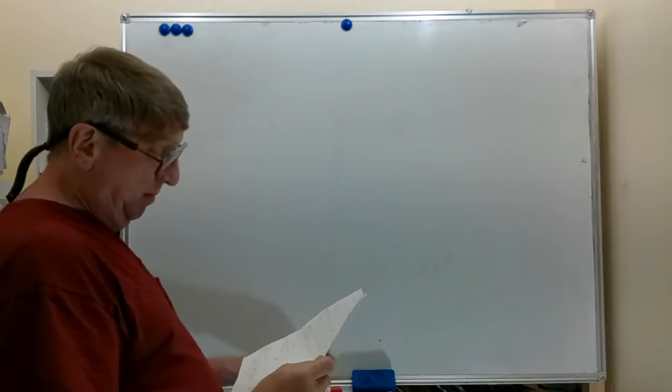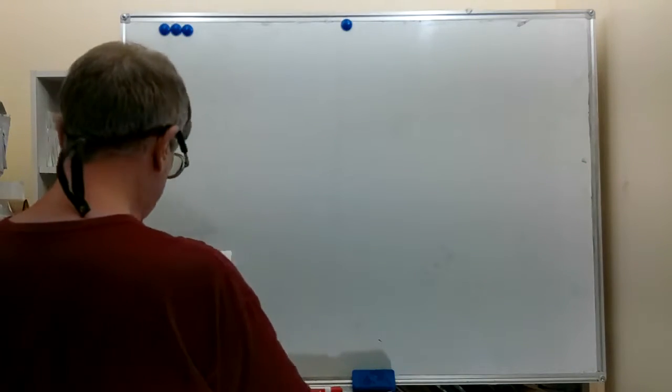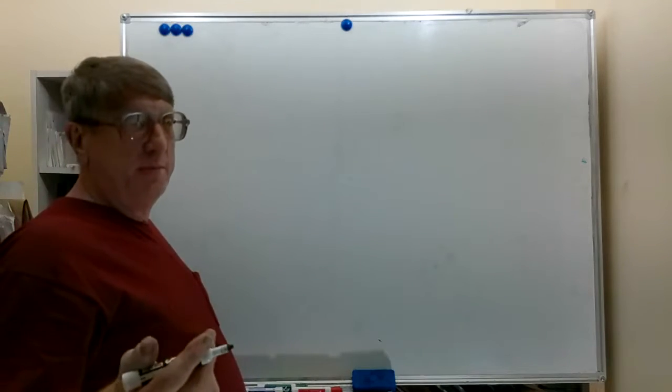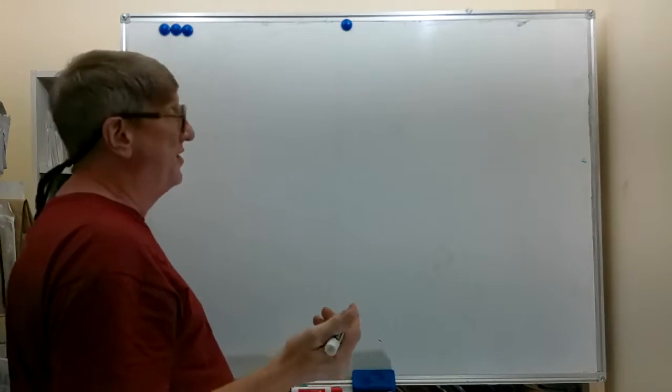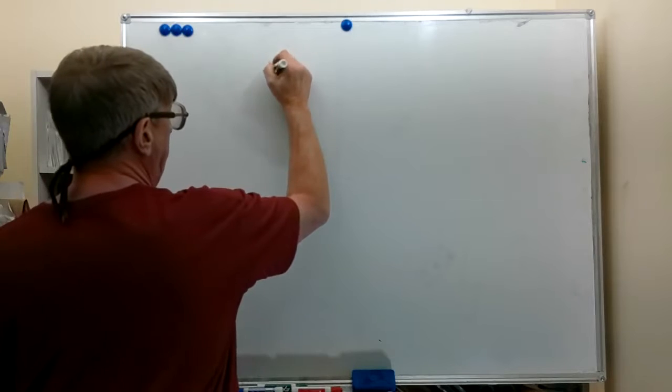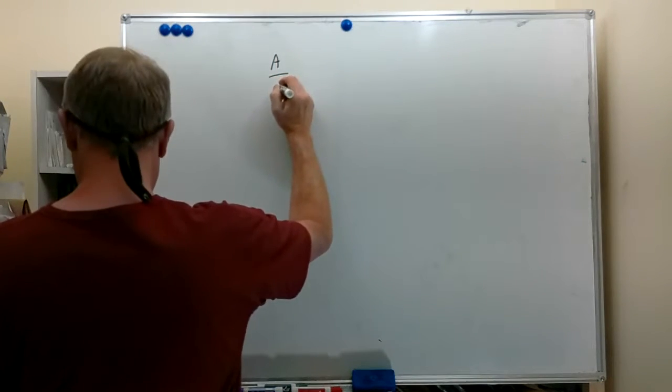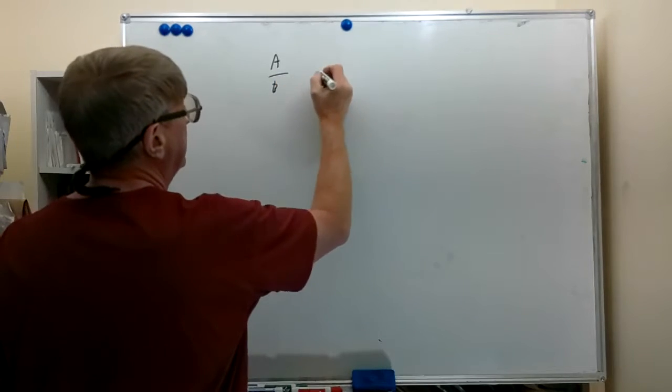So we're going to talk about multiplying fractions. Well, we got a fraction, and these are variables, and variables are just containers for numbers. So A could be any real number, and B, same, any number.